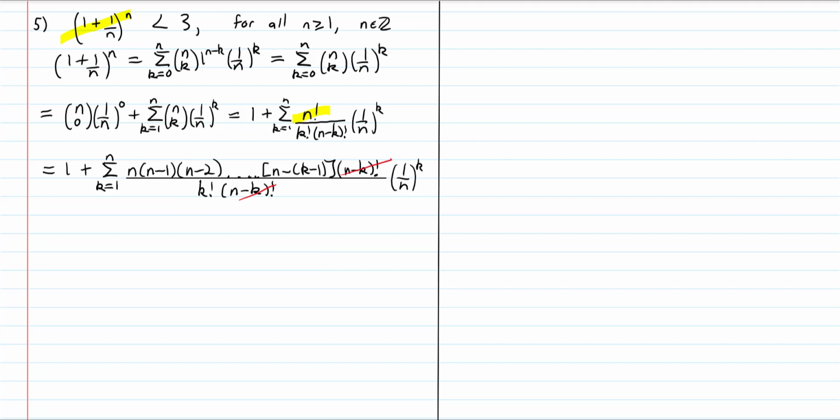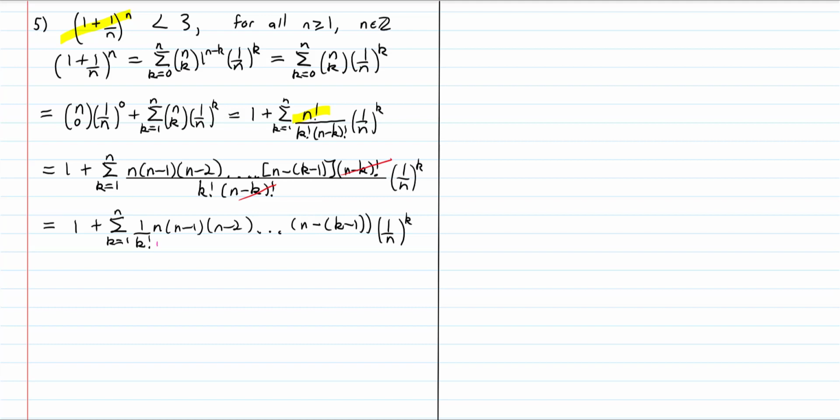So we can write this out then as being equal to 1 plus a sum from k equals 1 to n, we're going to have 1 over k factorial times our n times n minus 1 times n minus 2 all the way up to our n minus k minus 1 term, and then that's all going to be multiplied by our 1 over n to the power of k.